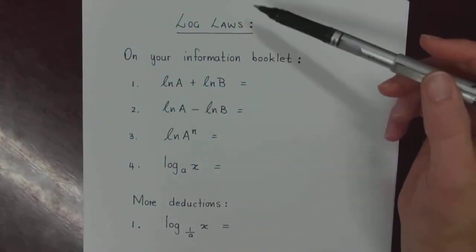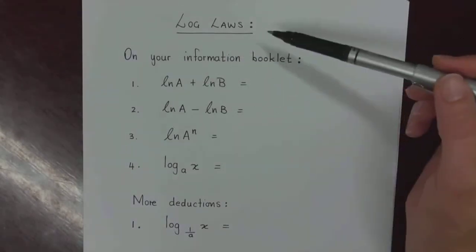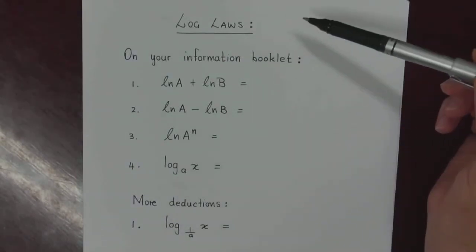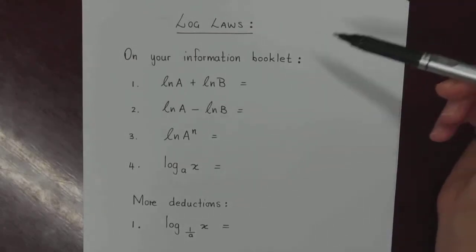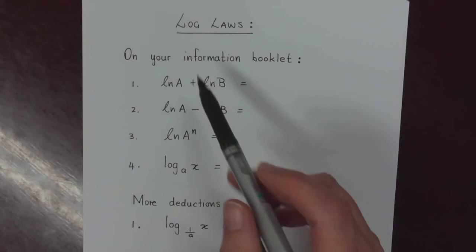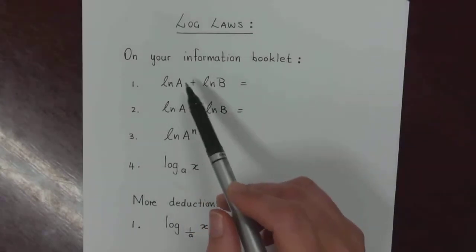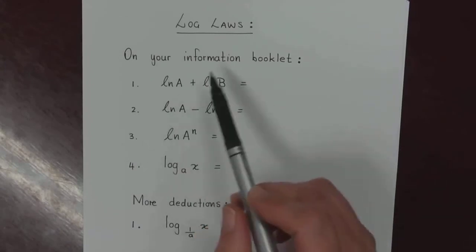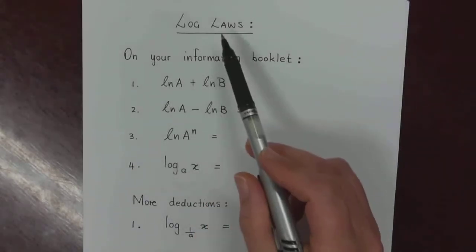Now, because ln is a logarithm, all of the log laws that I learned when I was doing the log section are also applicable to ln. So what they've done in your AP Maths information booklet is they've written the log laws like this. Instead of log base a of x plus log base a of y, they've just gone the ln of a plus the ln of b, because remember, ln is a log.